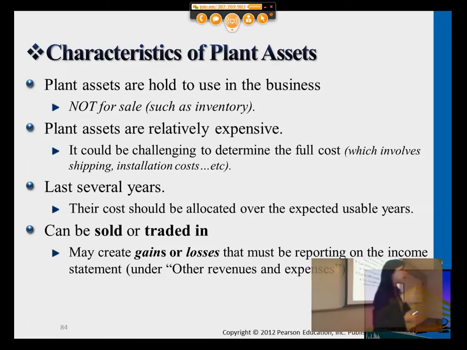I mentioned that operating income could be different from net income when there are gains and losses, interest expense, or interest revenue. Remember in the multi-step income statement, the very last section, other revenue and other expenses, is one of the categories you didn't understand at that time, because I mentioned we'd cover it in Chapter 9. Gains and losses are part of that other section. Those are minor expenses and revenues that may not happen in every season, because if we do not sell or trade plant assets, we don't have this category.